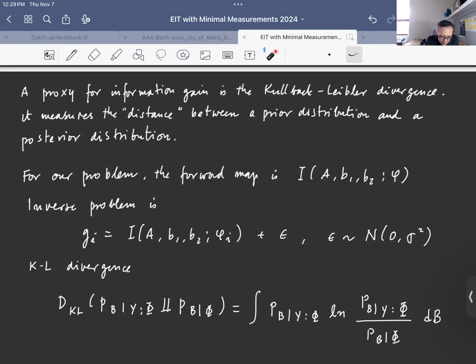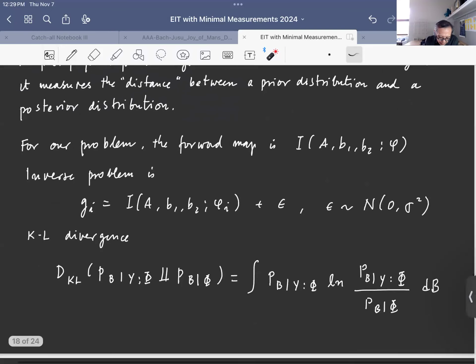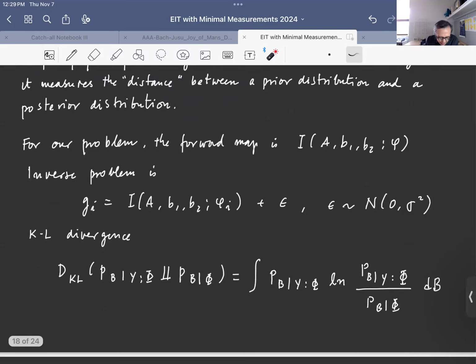The inverse problem is given this measurement phi equals this forward map plus some noise epsilon. We can write out the KL divergence for a given experiment.